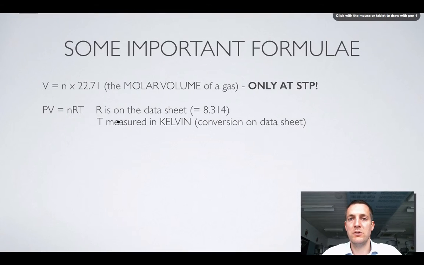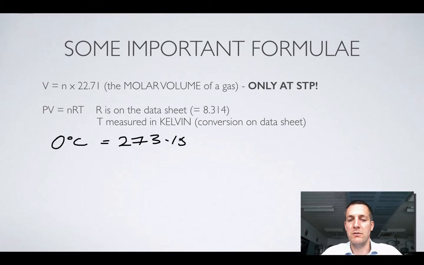Now it's really important to realise that kelvins are not the same as degrees centigrade. In fact, 0 degrees centigrade is equal to 273.15 Kelvin. Now again, that's not an important number to remember because it's on our data sheet, but it is important to know how these things are related. Now 1 degree centigrade is the same as 1 Kelvin.